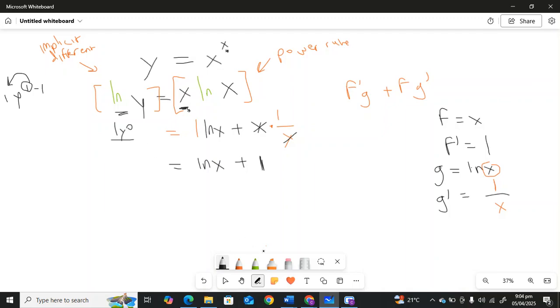Y to the power 0 is equal to 1, so you don't need to show the 1y to the power 0. Then in the denominator, we're just going to put a y. The same way we derived the natural log of x, the same way we're deriving the natural log of y. The only difference is we're going to attach a dy dx to it.